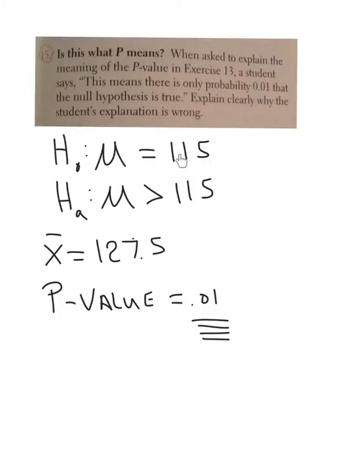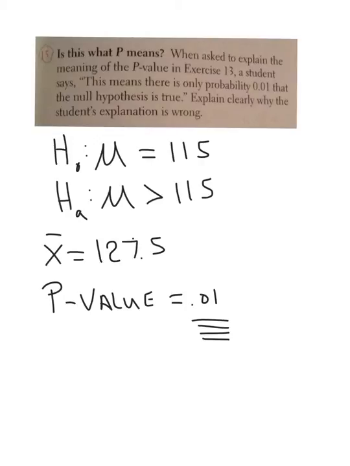That would be the average for all students, including the older students. Well, if that's true, and we happen to get a group of older students that just happen to like school a lot, how often would that happen? Well, if this was true, getting a score that high, we only have a 1% chance of that happening. That's what the p-value means.